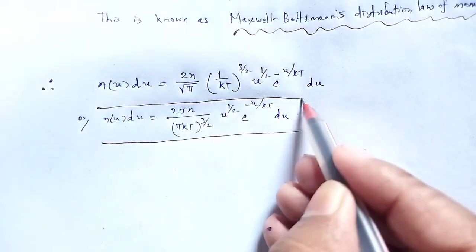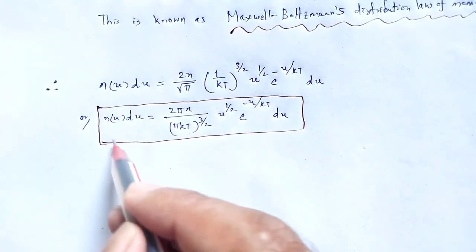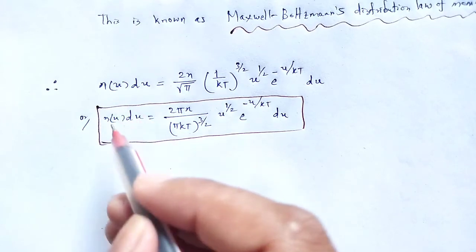What exactly does that equation give? That is the number of molecules in that energy range.